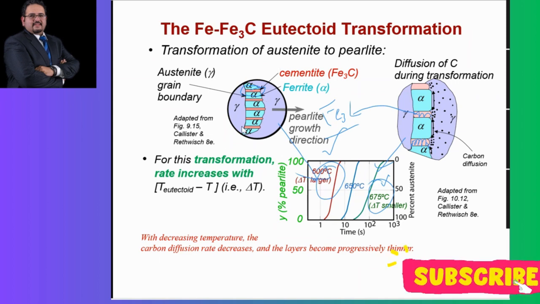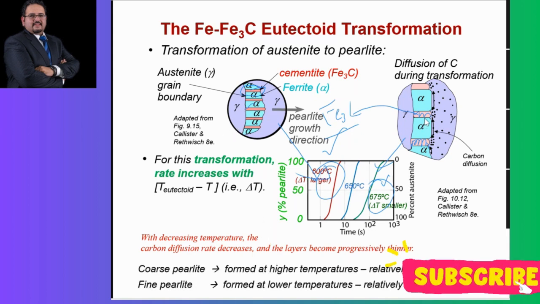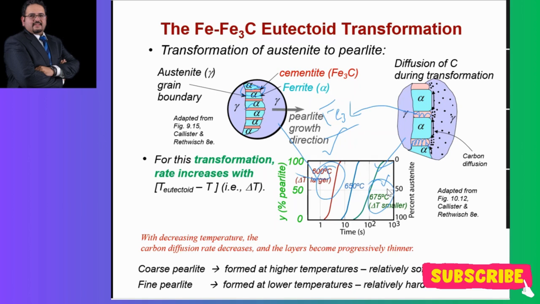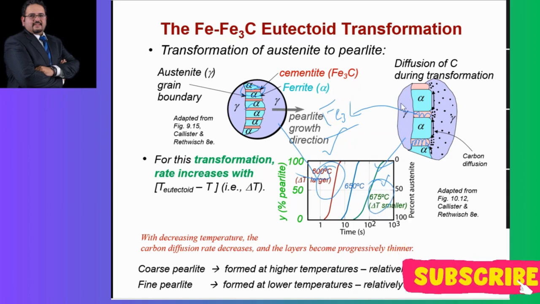These layers will become thin because you're not giving enough time for the readjustment of carbon. Whereas if you go for the upper temperature, which means the smaller delta T, the process is slower, so enough time is provided for the diffusion and these layers will become thick. This will become thick. Here they are thinner.